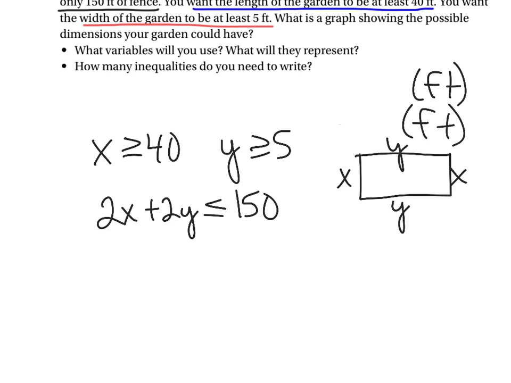So those would be some different things that we'd be working with. If we were graphing this, then we can do intercepts. This would be (0, 75) and (75, 0). Obviously, we can't have just lengths and no widths, because then this wouldn't be closed in.